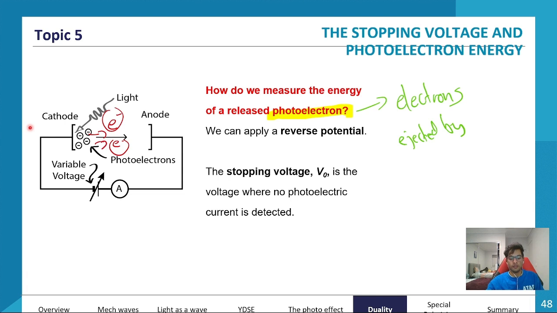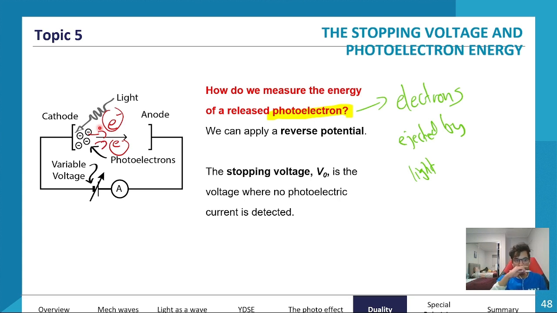These electrons are traveling from here to here, and because they're traveling, they obviously have a velocity and some sort of energy. What we wanted to calculate was how much energy the electron has. But it's a bit difficult to calculate how much energy an electron has.